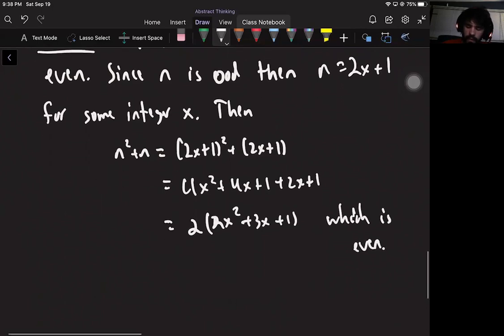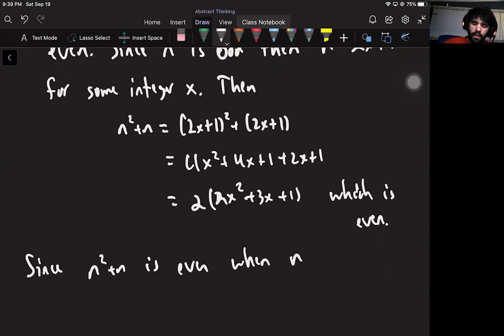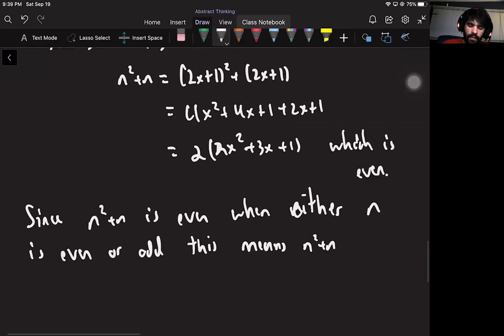And then if you want a nice concluding sentence, you can write something like this: so since n squared plus n is even when n is either even or odd, this means n squared plus n is even no matter what integer I started with.